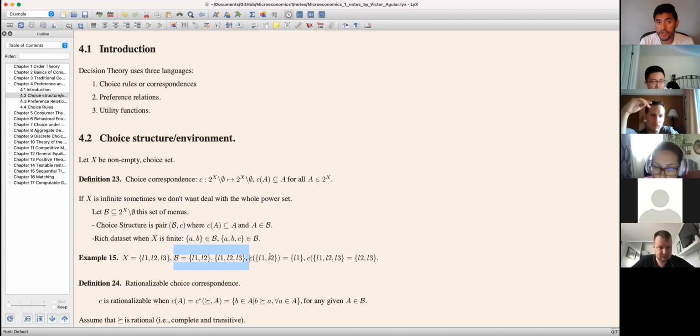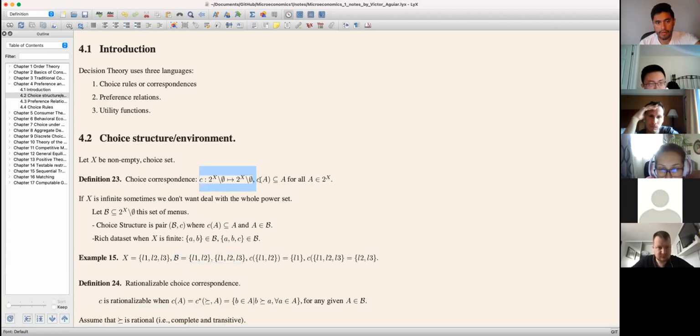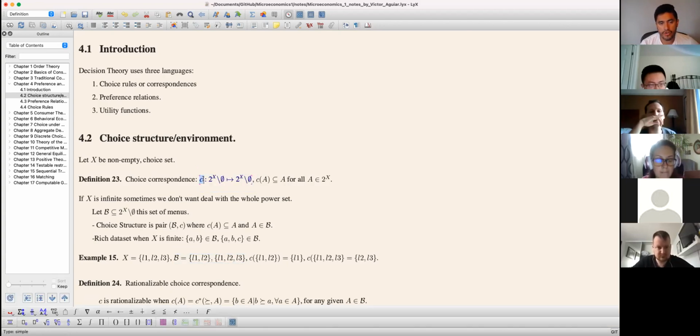And then let's describe the choice correspondence. What is the choice correspondence? It maps from the power set generically, but in reality, you only observe the choice correspondence on the collection of menus. So you get a restriction of the true choice correspondence to calligraphic B. I'm going to get data from these menus.